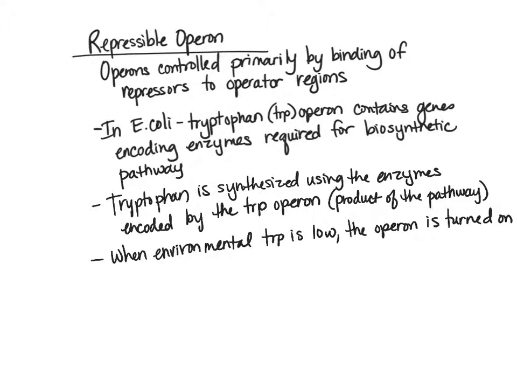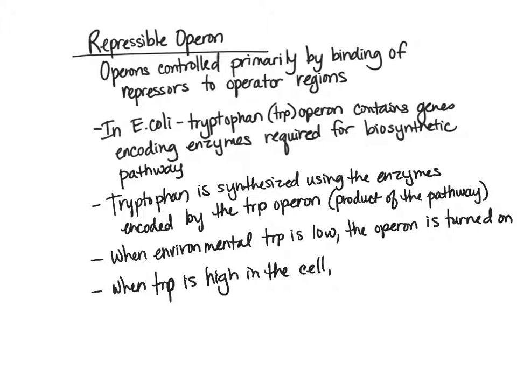So when tryptophan in the environment, however, is low, then the operon is turned on. When tryptophan is high in the cell, 2 molecules of tryptophan are going to bind to the repressor. So if tryptophan is low, the operon is turned on. When tryptophan is high in the cell, we're looking at the opposite for a moment, and we're saying that in the environment we have lots and lots of tryptophan.